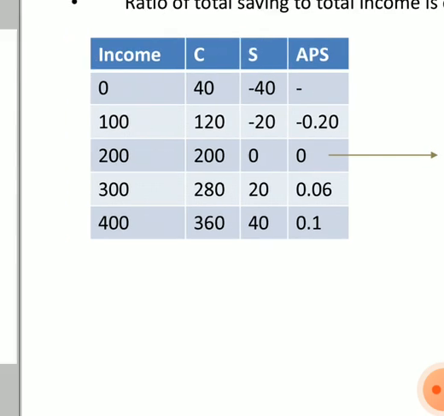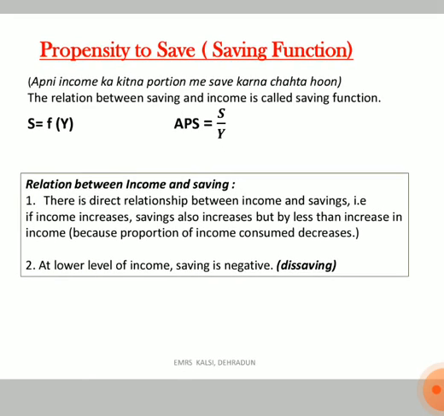If it comes in 2 marks or 1 mark, that define the relation between income and saving, you can write these 2 points: as income increases, saving also increases, and at a lower level of income, saving is negative. So these are the 2 relations.